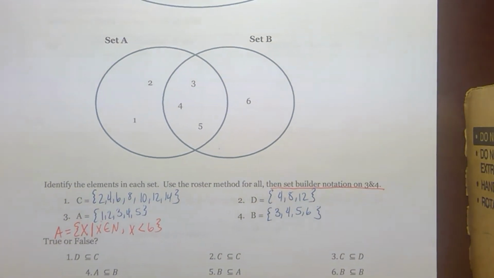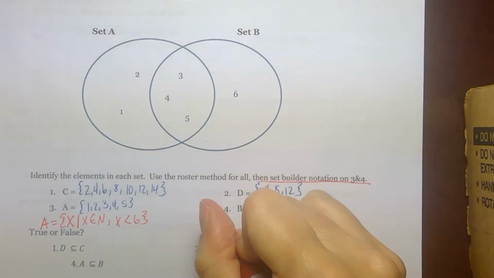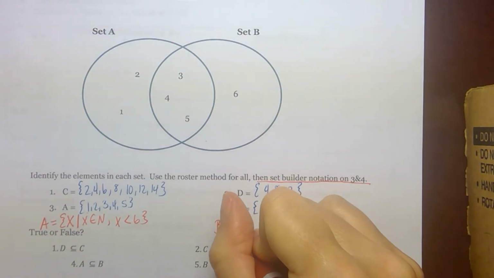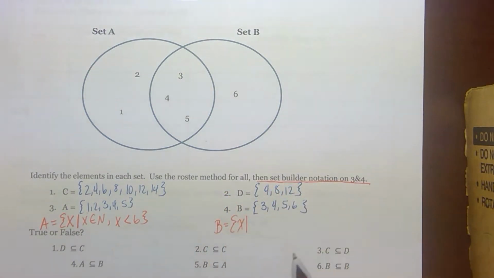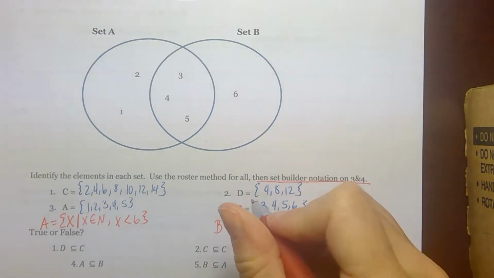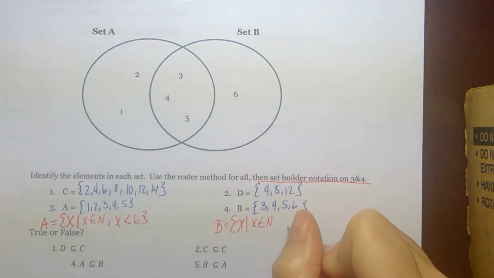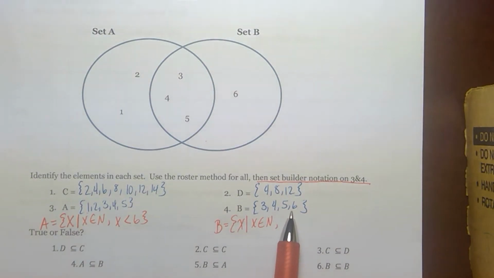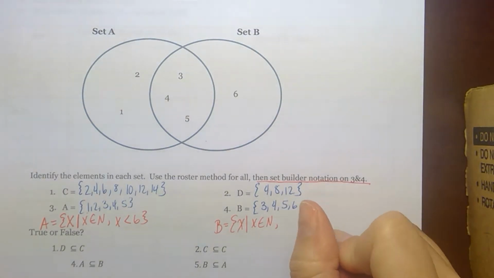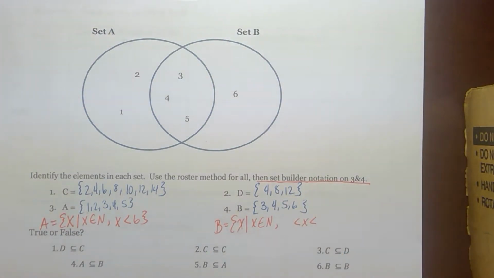So for B, when I do set builder notation on B, I start out B is the set of all elements X such that, again, I see I have counting numbers. So X is an element of the natural numbers. And then I need an inequality statement. I have a middle here. I have a starting place that's not 1, and then I have an ending place. So I'm going to set up a compound inequality.